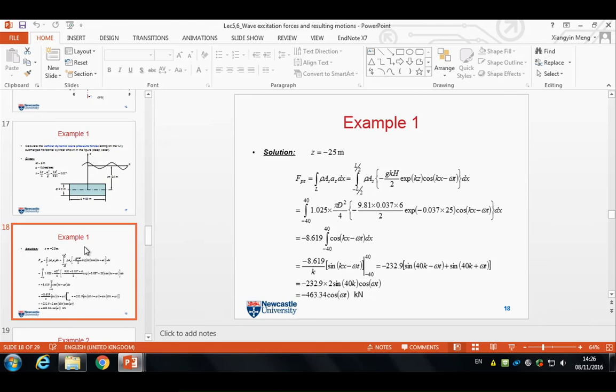But actually, because it's horizontal and the diameter is quite small, we assume that the water particles' acceleration on the whole height can use only one value, because it will simplify our estimation. So if we assume that we have only one acceleration, which means if we can find what is m, we will know what is f, right?